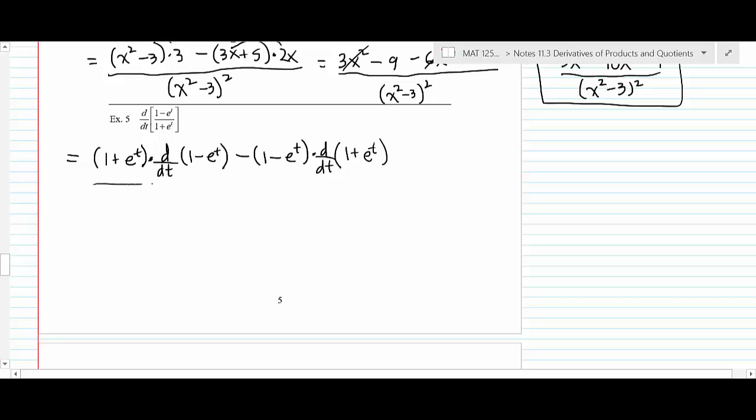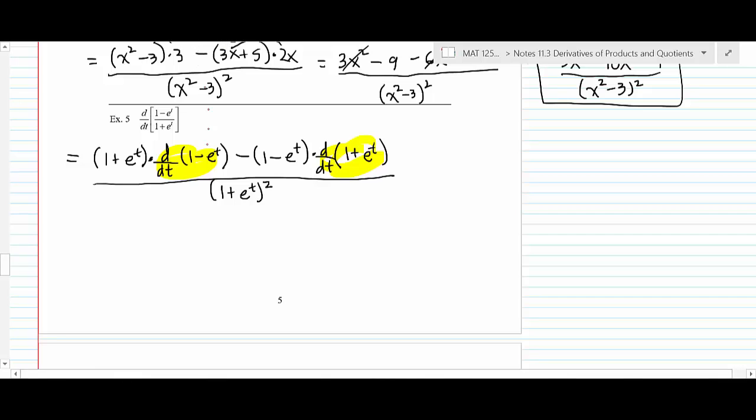And then it's one big fraction, so you've got a big fraction bar, and it's the bottom squared. Okay, so that's the setup. Again, bottom times derivative of top minus top times derivative of bottom over bottom squared. Okay, so the calculus comes from setting up and then doing these two derivatives.